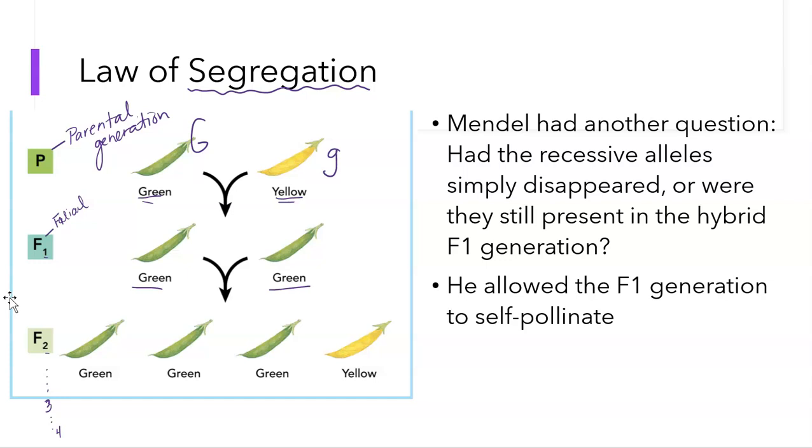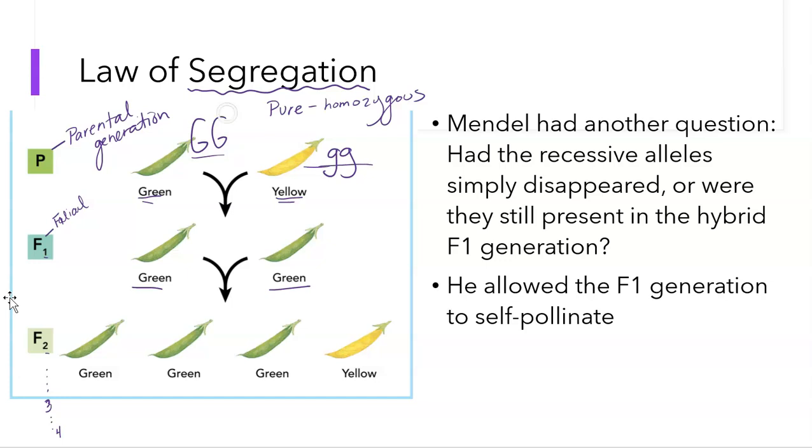Mendel always chose purebred plants for his pea generation. They were pure, or also known as homozygous. So that means big G, homozygous dominant, and little g, homozygous recessive for our yellow plant.